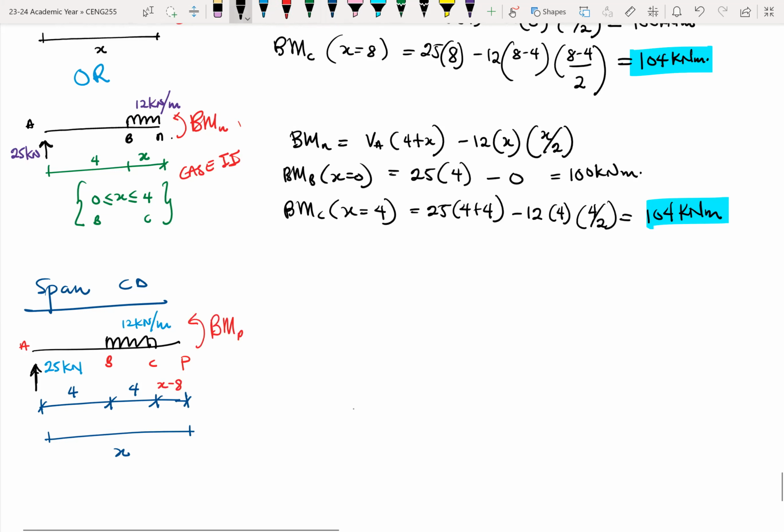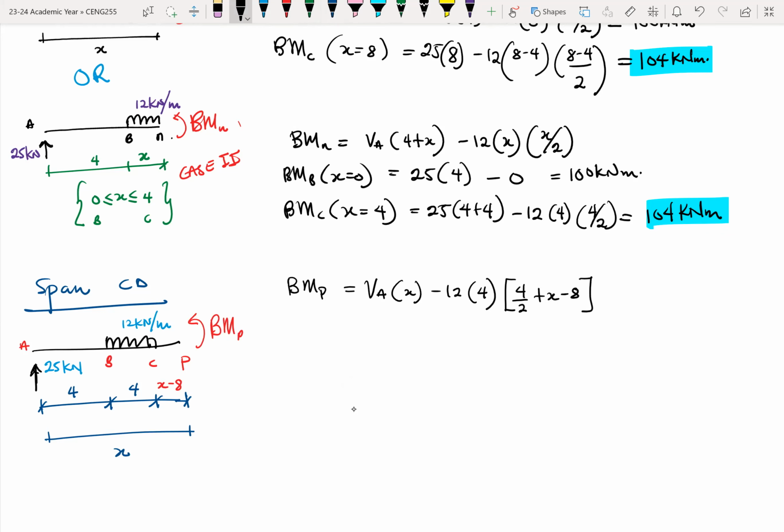So the bending moment at P will be equal to VA times x minus 12 times 4 times 4 over 2 plus (x minus 8).